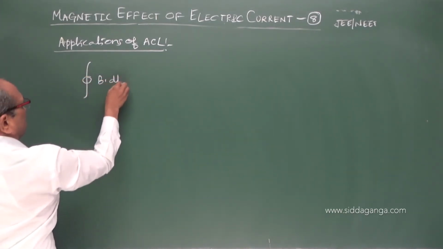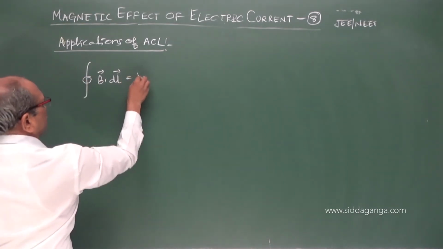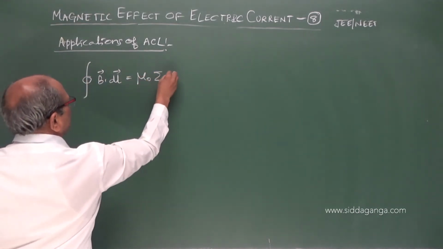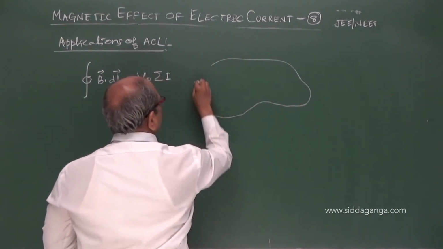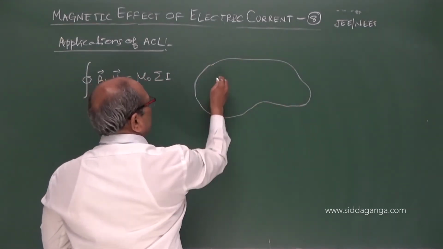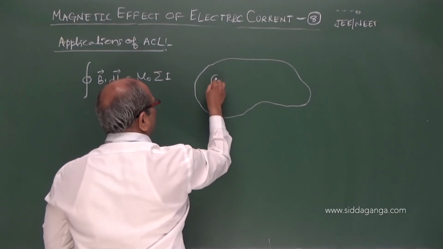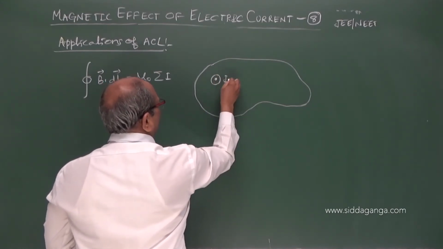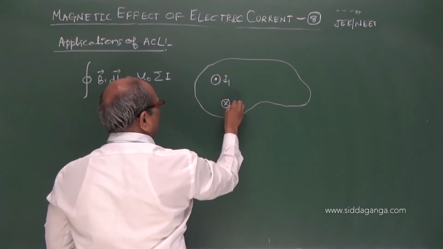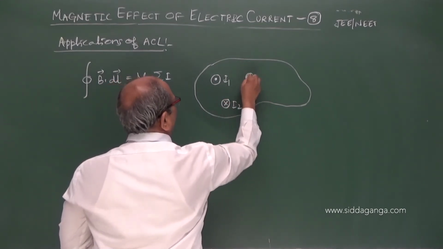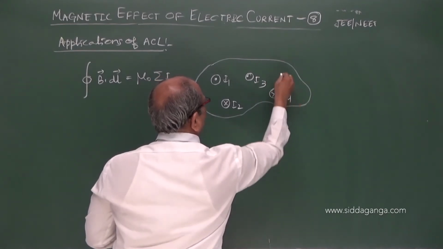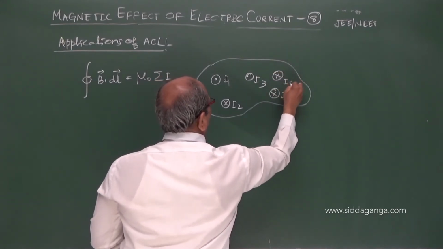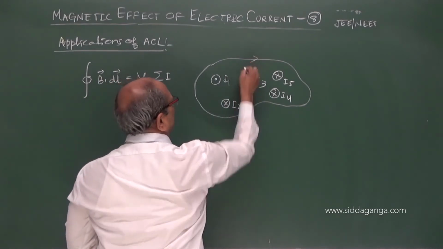B dot dl is equal to mu naught summation I. So this is the loop. Let us take the currents I1, I2, I3, I4, I5, and they are threaded like this.